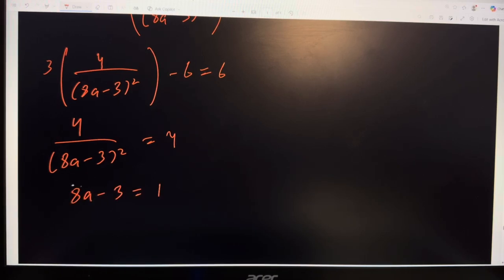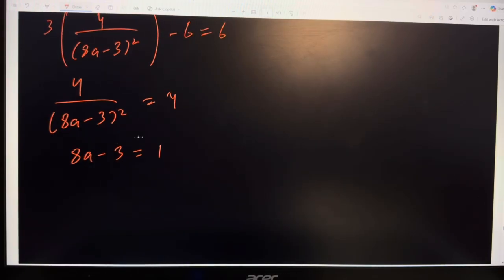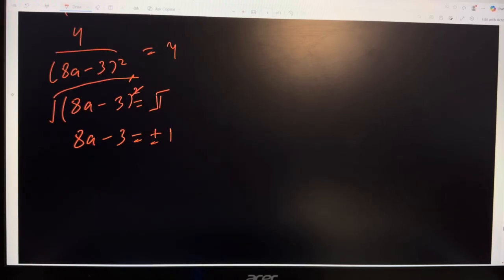Even if I took the square root of both sides, this becomes the same. But let me just write it fully. Square root, so 8a minus 3 is equal to plus or minus 1. Again, we'll get two values of a.